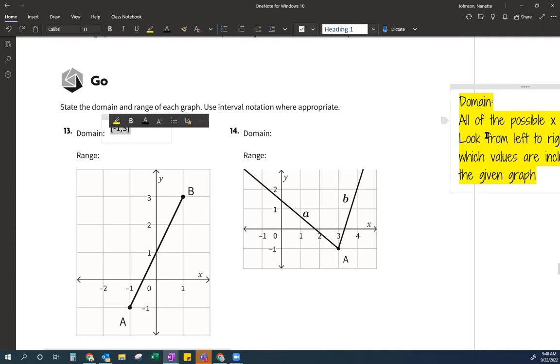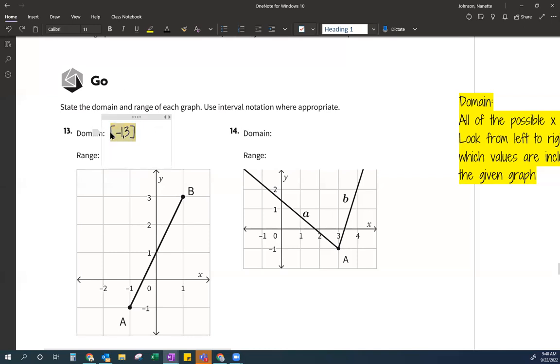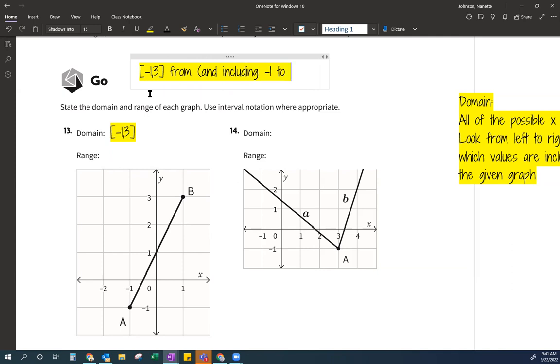This in words, actually, let me go here. This in words, in normal people words, says from and including -1 to 3.